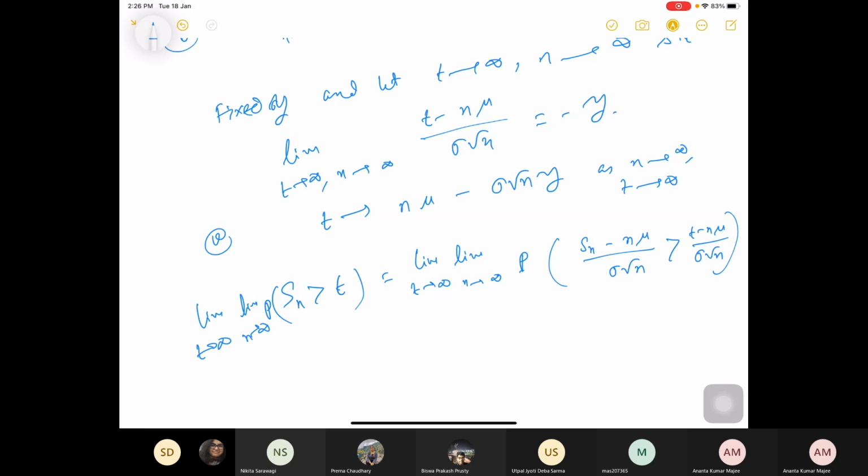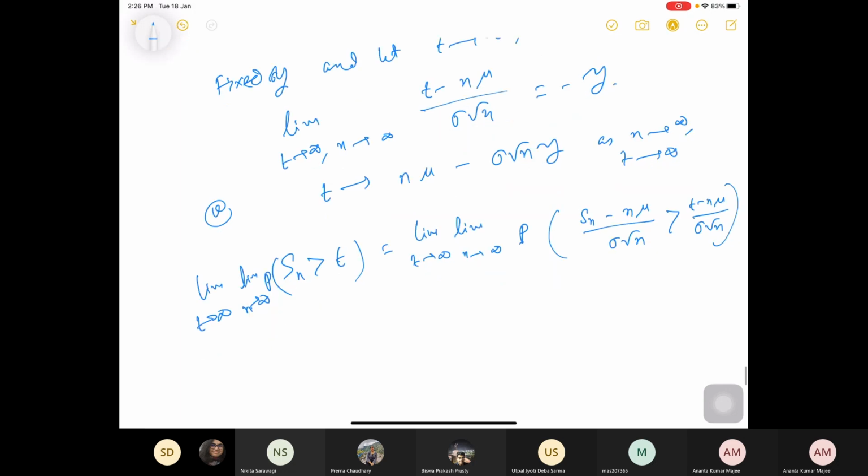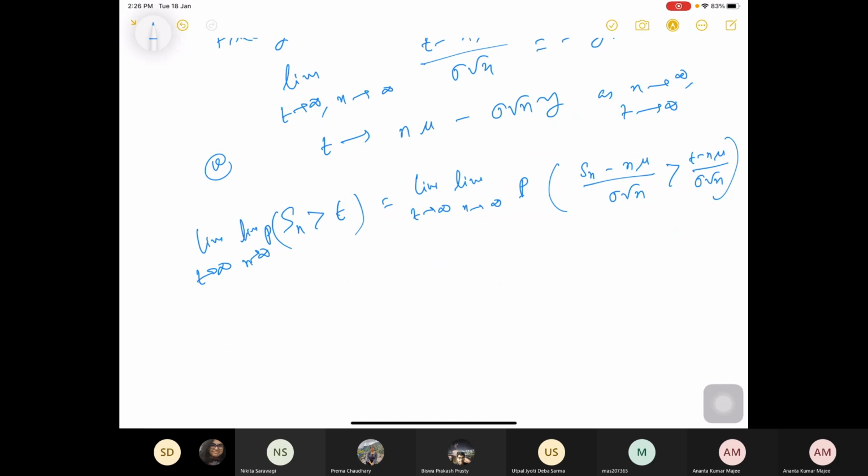Is it not? This part I can write down, and then this is the same as the limit as n goes to infinity of the probability of (S_n minus n mu) by sigma root n greater than minus of y. Is it not? Because I wrote down already that I fixed y such that the limit of (t minus n mu) by sigma root n is actually minus y.